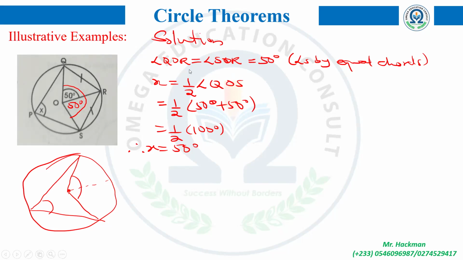Unless maybe you are looking at this angle. If you are referring to this angle, what did I say you should write? Because if I say QOR, it could mean this angle or this angle. But we said if you don't attach a particular word, then you are referring to this angle. But if you want to refer to this other angle, a particular word must be attached. What did I say? Who remembers?